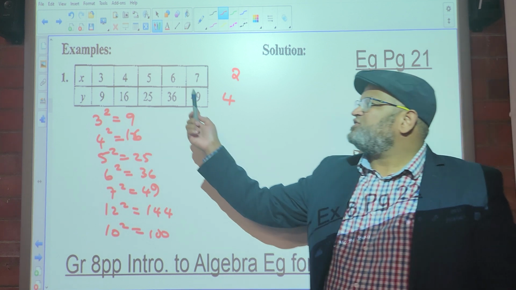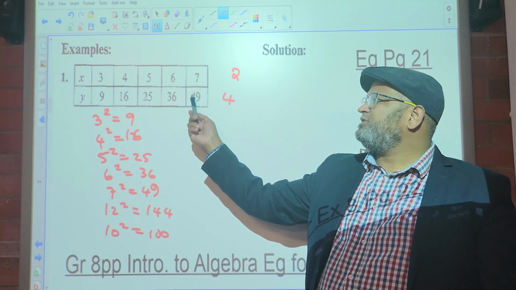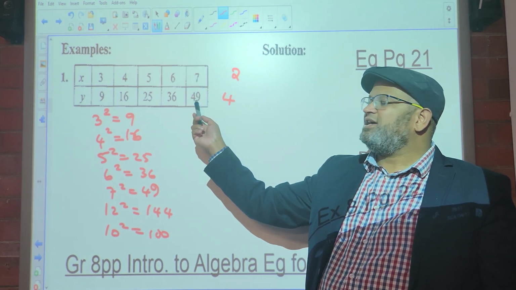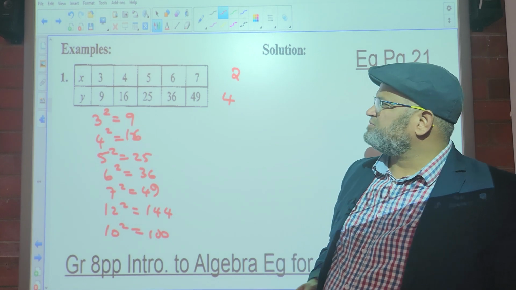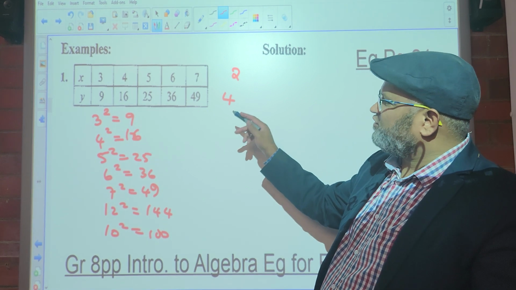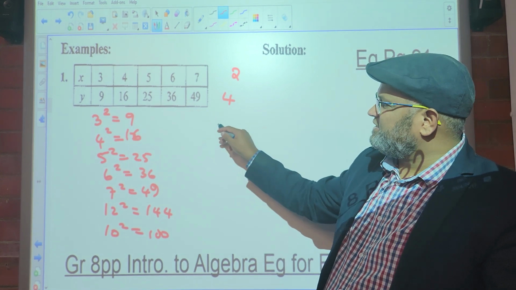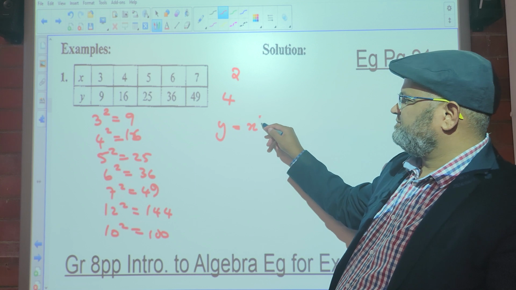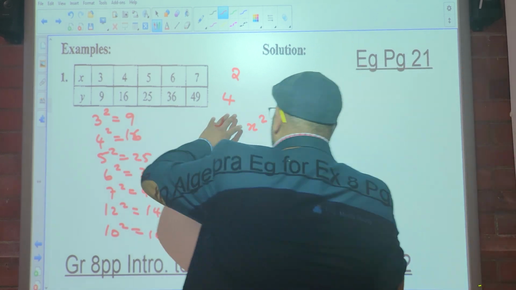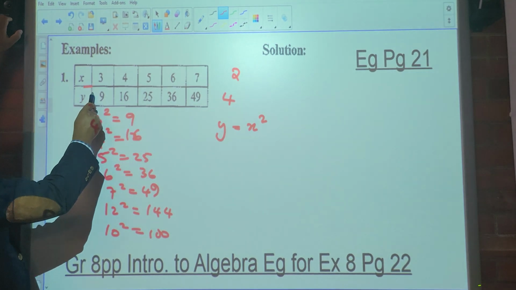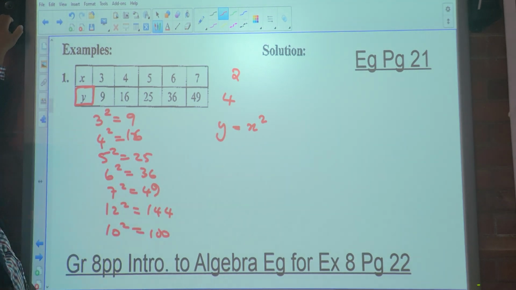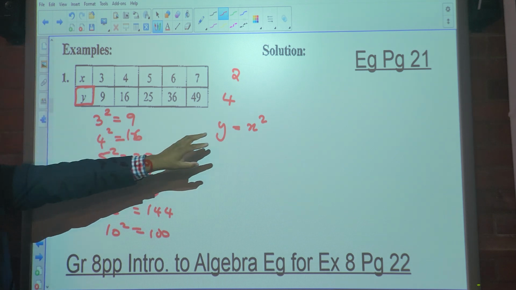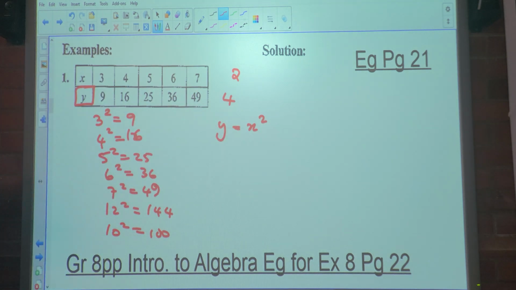So again, there's a relationship that exists between your x values and your y values. Not so? And what is my general term or the formula? Y is equal to x squared. Can you see that? So we'll have always your dependent variable, and then it's equal to the expression involving your independent variable.